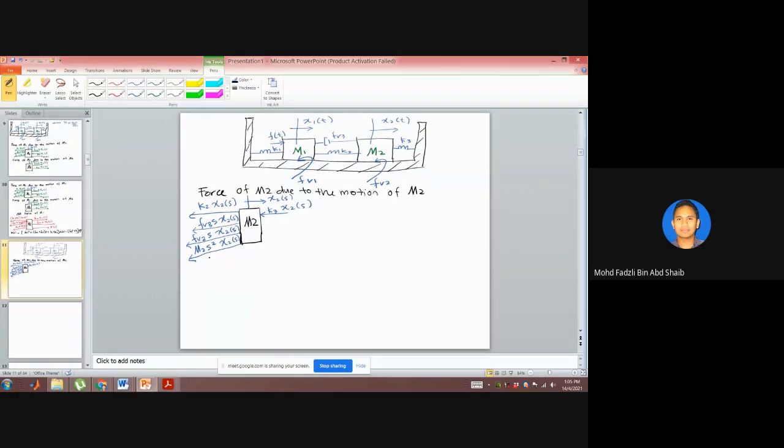Now we need to find force of M2 due to the motion of M1. Right. So we need to draw M2.